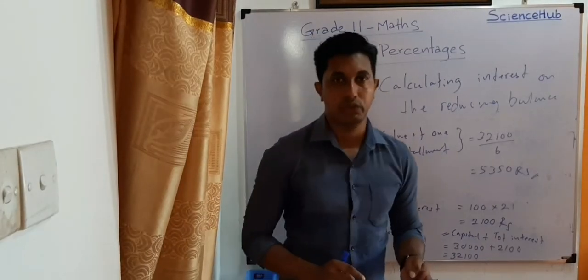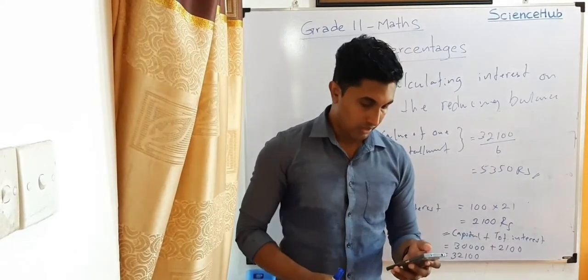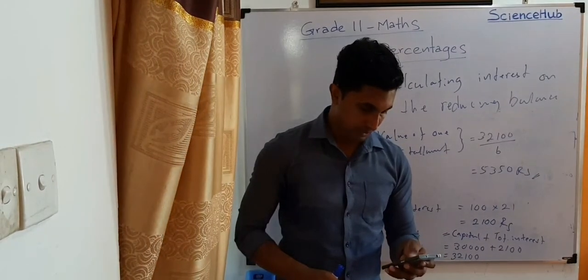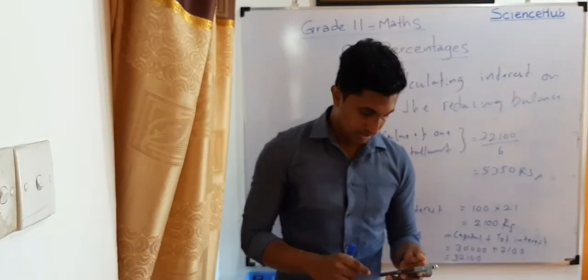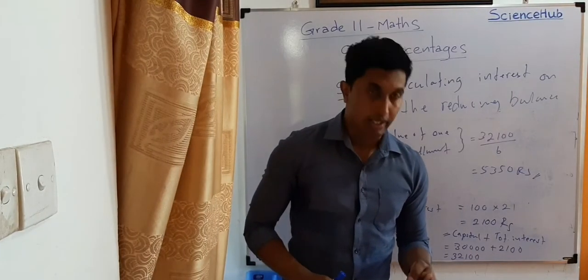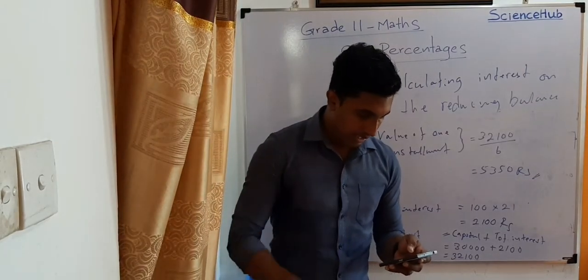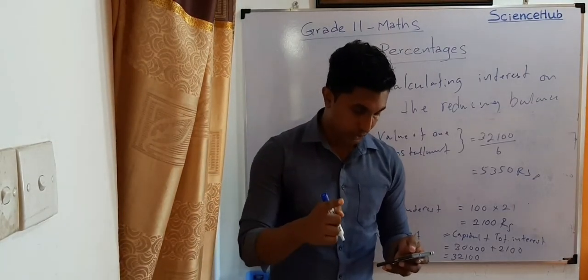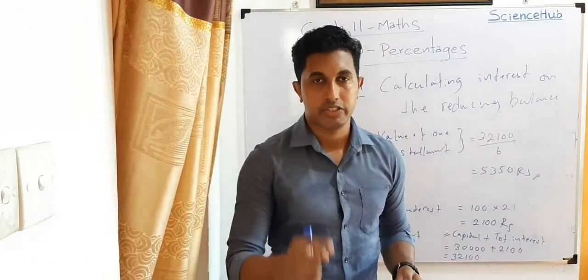Now you can do exercise 9.1 and try to do all the questions. There are 7 questions here. Try to do all of them, and your next part is 9.2 compound interest, which I'll do in my next video.